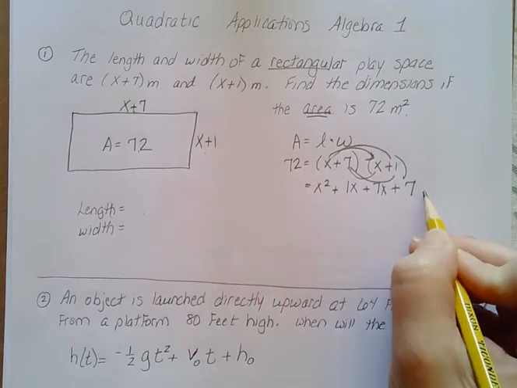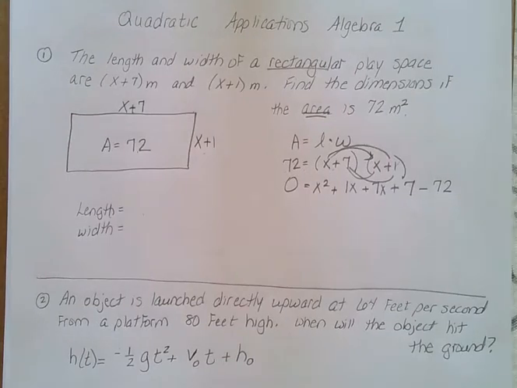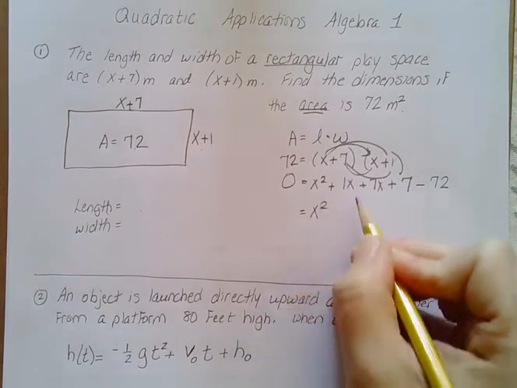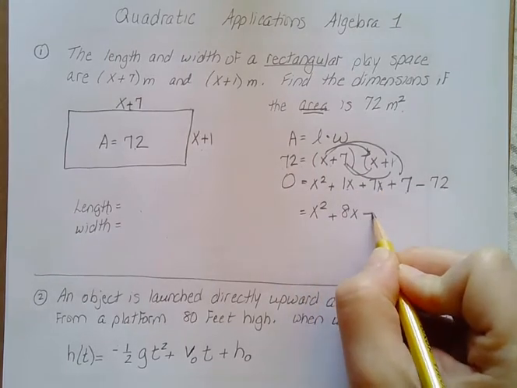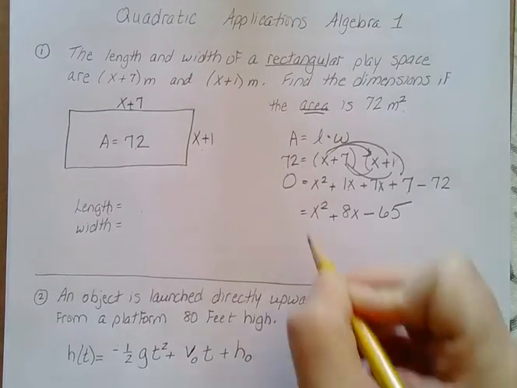I'm going to minus 72, so there's minus 72. And now I have everything on the left side of the equation, combined terms. X squared plus 8x, and that is minus 65, equals 0.